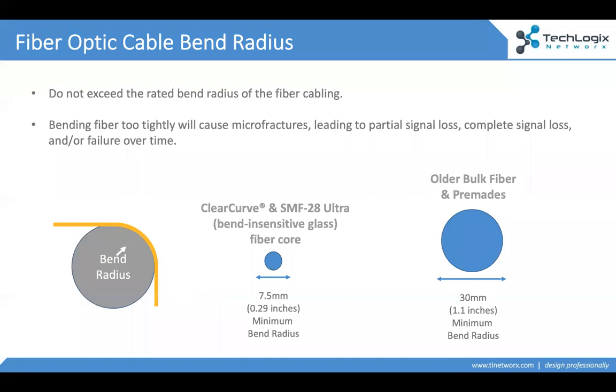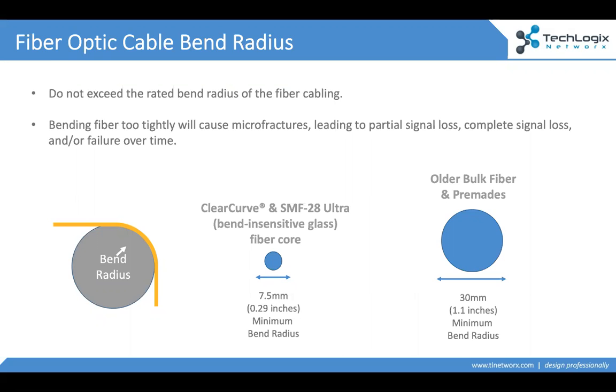All right, last thing I want to leave you with before we take some questions here: fiber optic cable bend radius, okay? I did mention one of the problems with older cable is you do run into breaks. Just over time, fiber wasn't as pliable as it is today. So if you're going into a retrofit where that fiber is maybe 5 years old, 10 years old, just handle it with care.